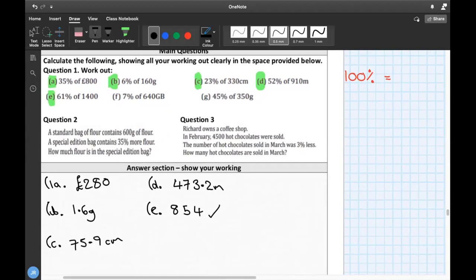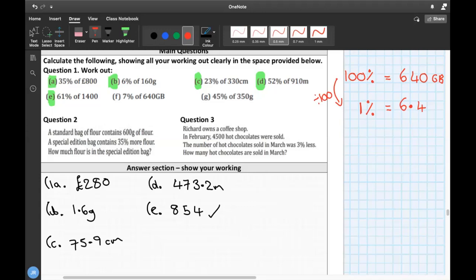So we've got 7% of 640, so I write out my original amount as equal to 100% gigabytes. I need 7%, so this time I'm going to go straight away to 1% by dividing that by 100. Yeah, from 100% to 1%, we divided by 100. So I need to do the same with my amount. And that's going to now be 6.4 gigabytes.